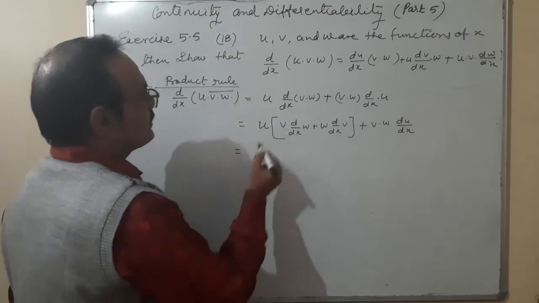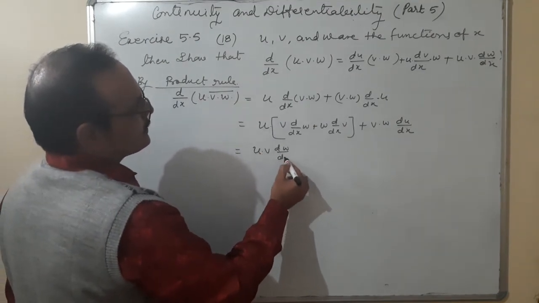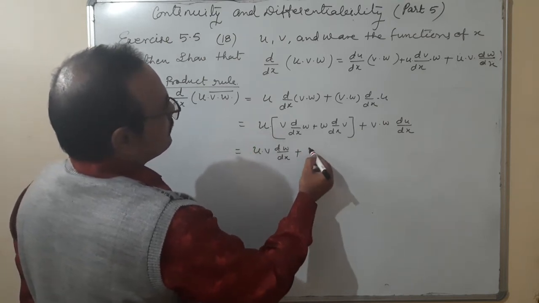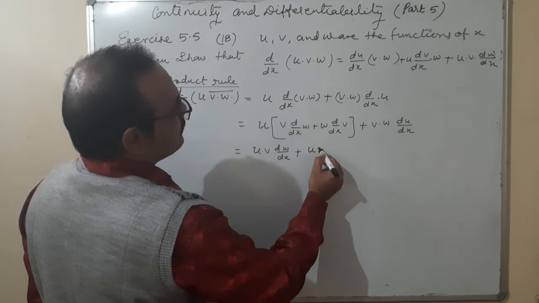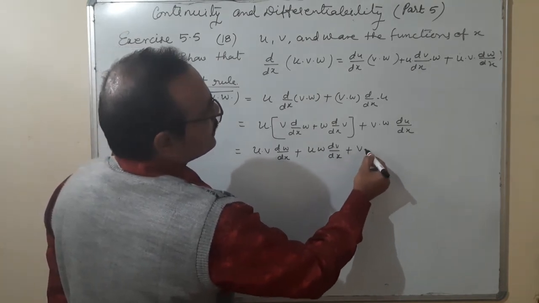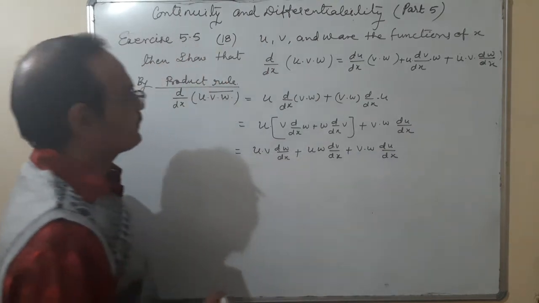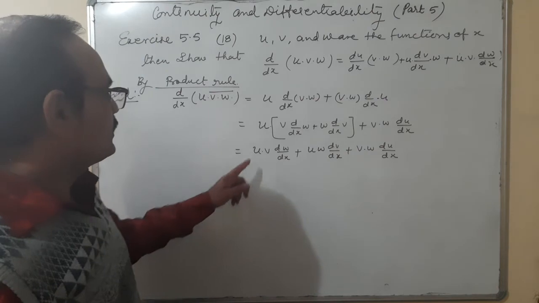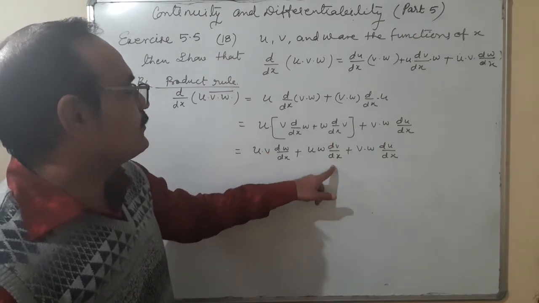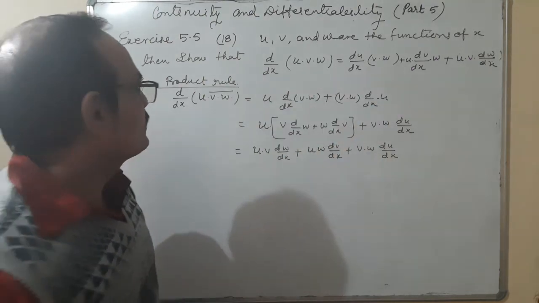What is coming is u v dw/dx plus u w dv/dx plus v w du/dx. Is it proved? Yes, it is proved, the first part.